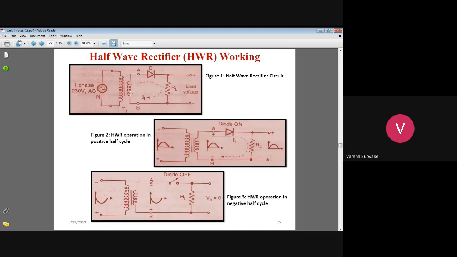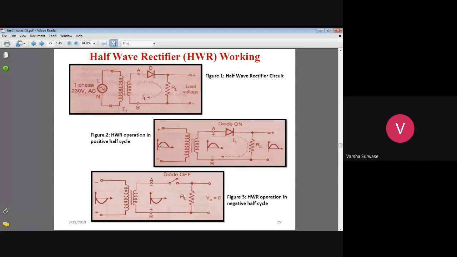Now for the positive half cycle of the input voltage, here are the two points, point A and point B. A becomes positive with respect to B. As the input voltage is positive and this positive is connected to the positive terminal of the diode, the diode goes into the forward bias. When the diode goes into the forward bias, whatever input voltage we are giving, the same voltage we will get at the output.